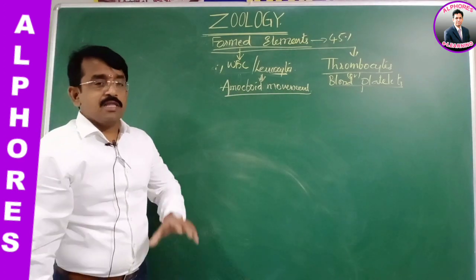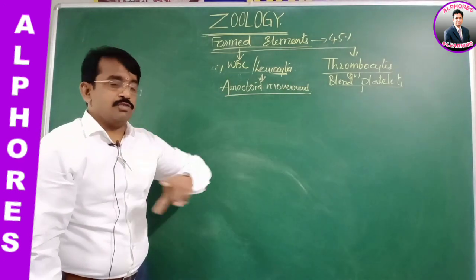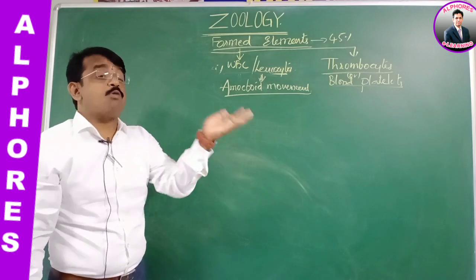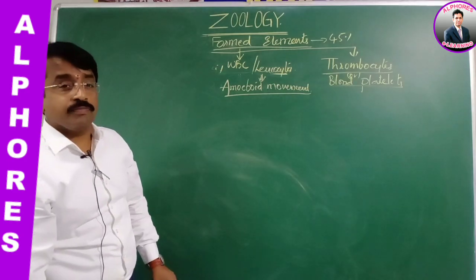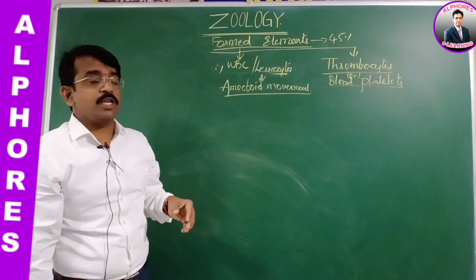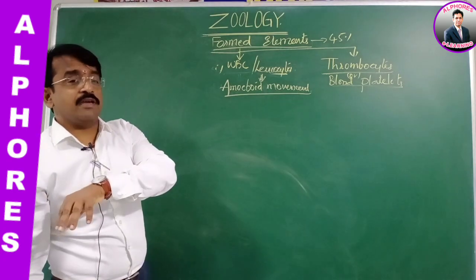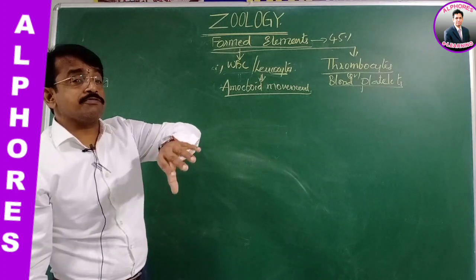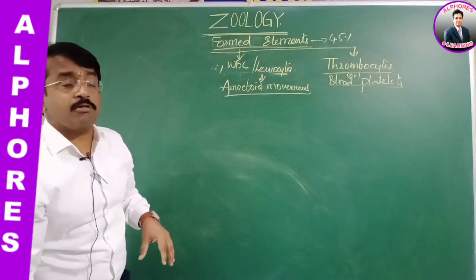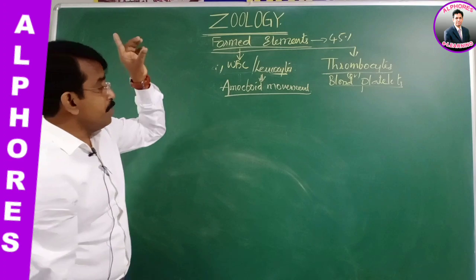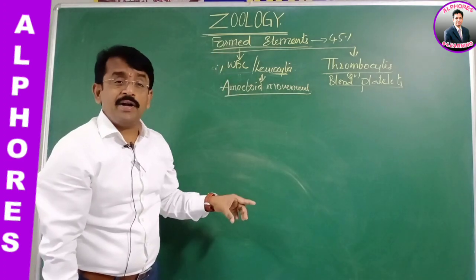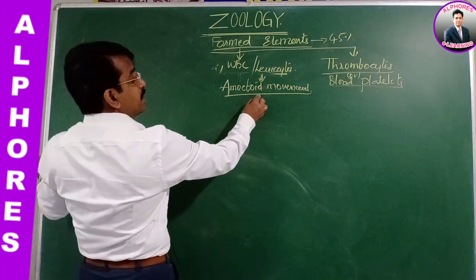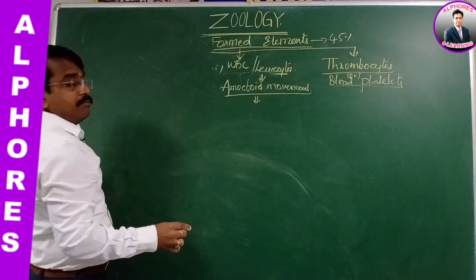They move along the blood vessels and they move out of the blood vessels also. The monocytes, we have seen, come out of the blood vessels and reach the connective tissues where they become macrophages.